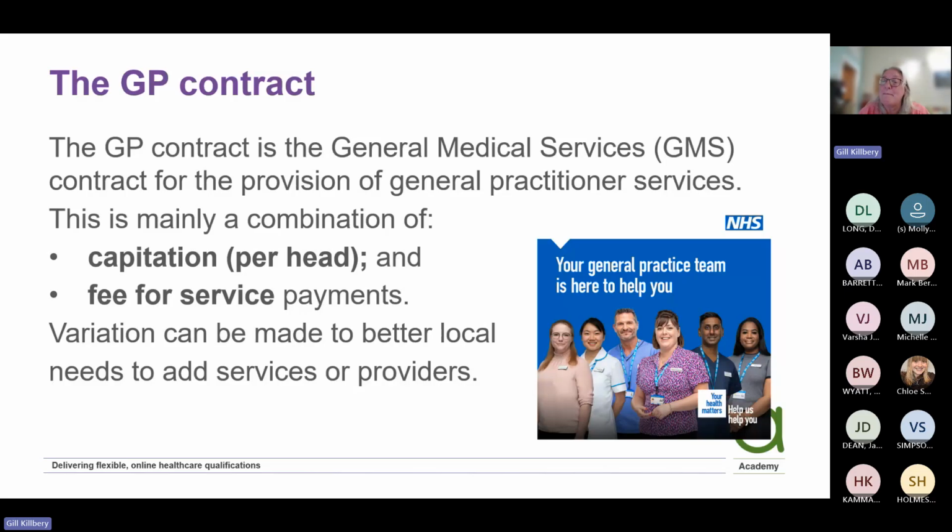Some of these are in the form of reimbursements. So practices get reimbursed for premises rents and rates and water bills and clinical waste collection. All that sort of thing is reimbursed. The payments are made to the practice. They're not made to individual GPs.